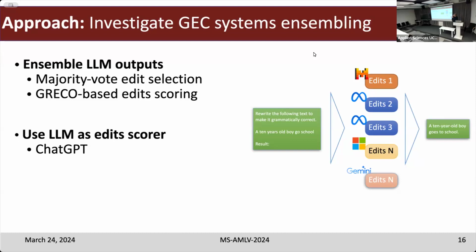Having the best output, we can just score it and provide users the best. But we can also use the LLM as a scorer. That's something that was not investigated until now, and we would like to test it and see whether it is capable and how it performs on this task as well.